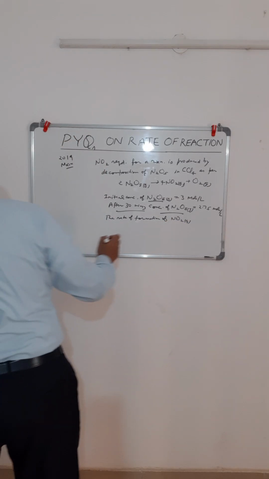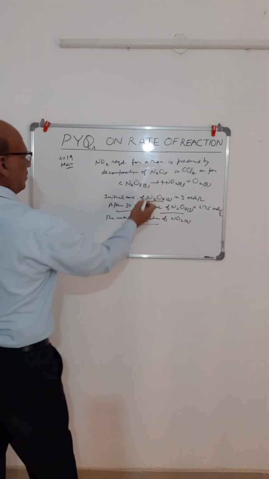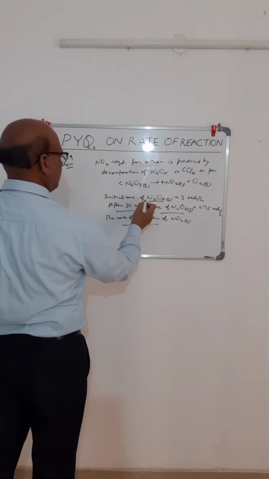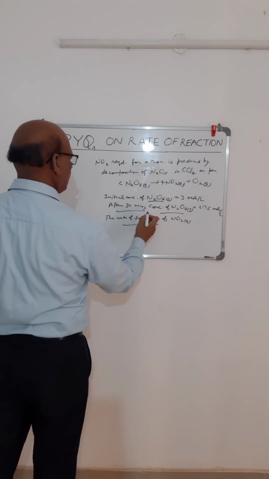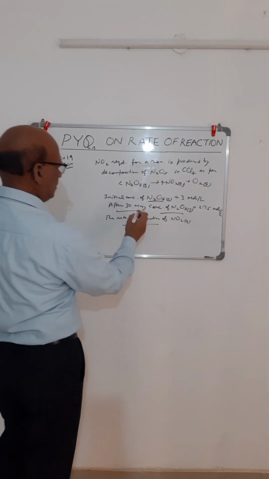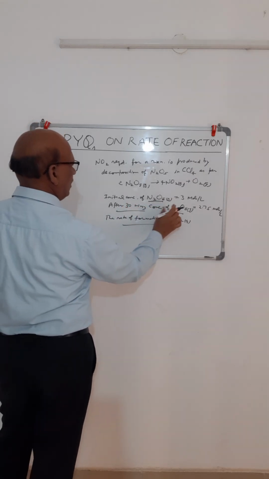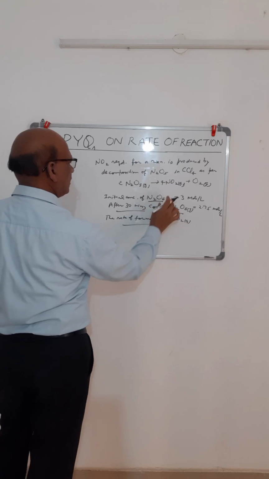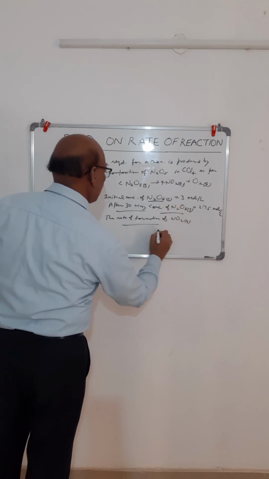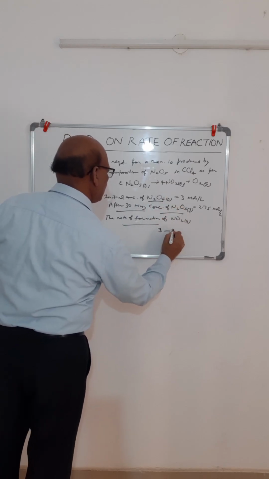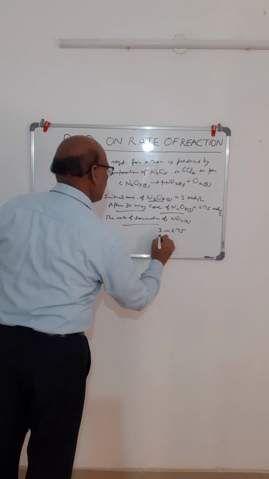So how we will do this? This is nothing but the average rate of reaction, because in 30 minutes the concentration changes from 3 moles per liter to 2.75 moles per liter.